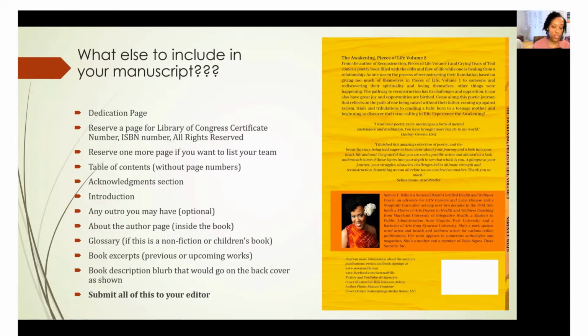But you also want to have your table of contents when you submit it to not just your editor, but to the graphic designer who will do the typesetting, the layout of your book, and we're going to talk about that soon as well. You submit it without page numbers. So you will just list the table of contents, but do not worry about the page numbers. Because once they format it, the page numbers are going to change.